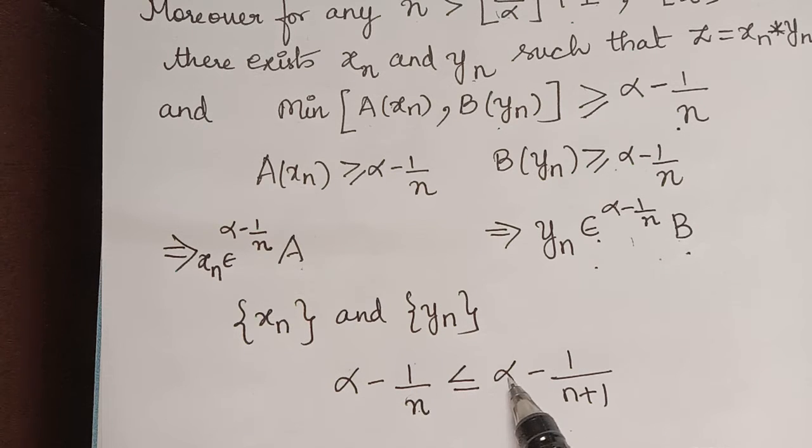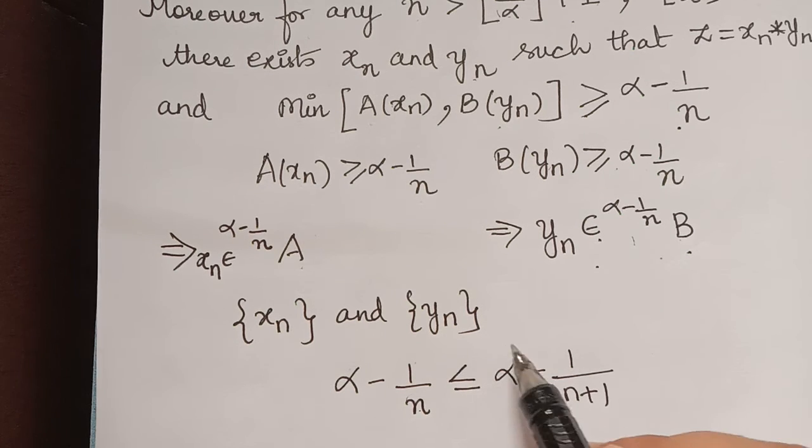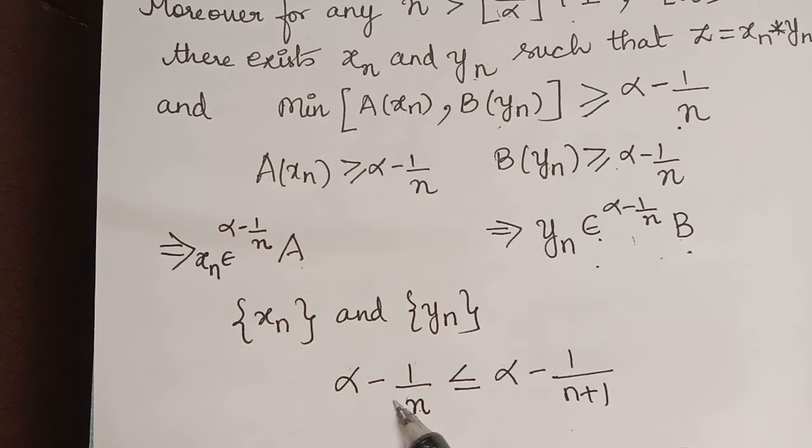So from alpha we are subtracting a value which is lesser than this, so the result will be greater than or equal to the other one. Maybe you can just give values to alpha and n and check this. So now we obtain this.